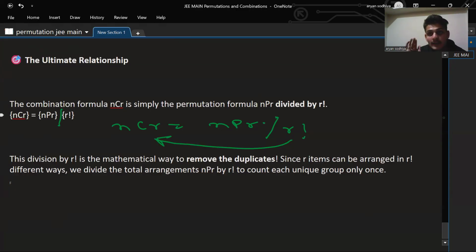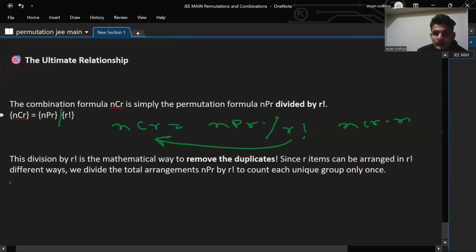So nCr into r factorial becomes nPr. Why? The division by r factorial is a mathematical way to remove the duplicates. It means you are dividing by r factorial, you are removing these duplicates.